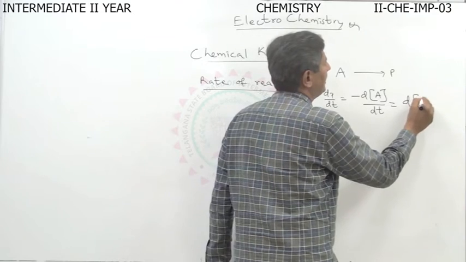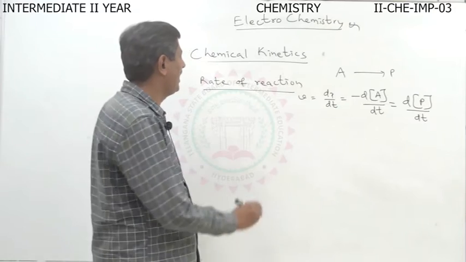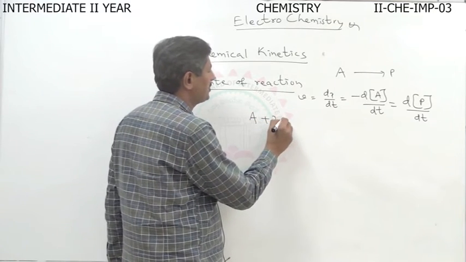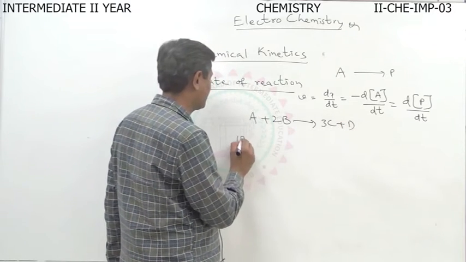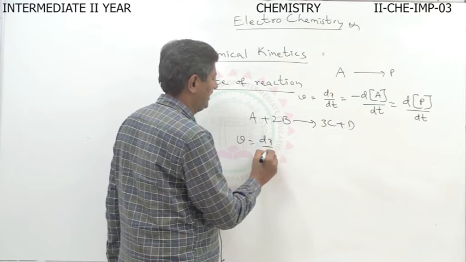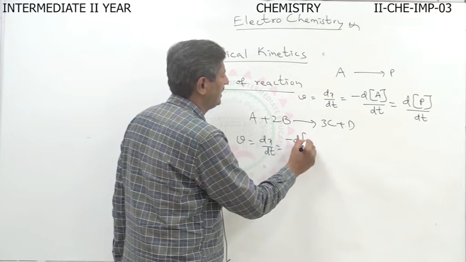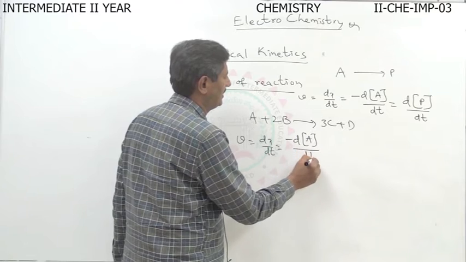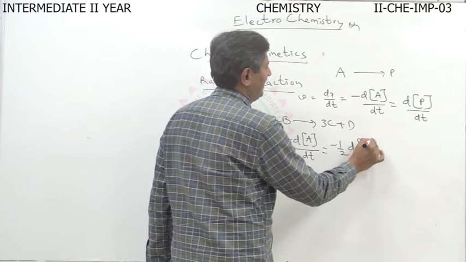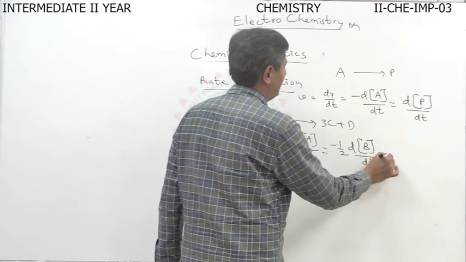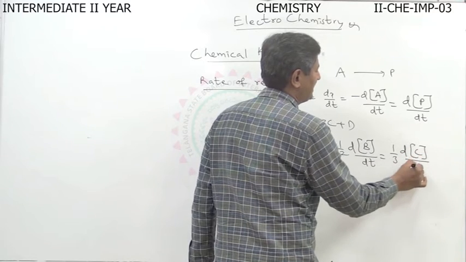which also equals d[P] by dt. And for example, if we take A plus 2B gives 3C plus D, for this, dx by dt is given as minus d[A] by dt, which equals minus 1 by 2 d[B] by dt, which equals 1 by 3 d[C] by dt.